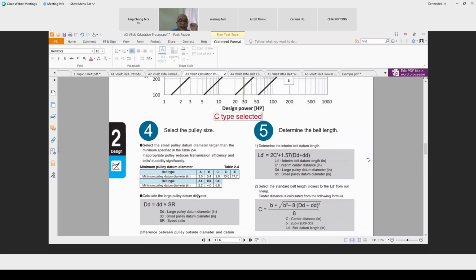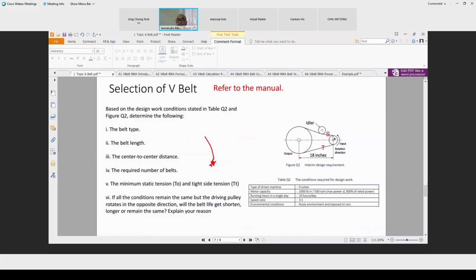All right. Right now, what you should do is just follow the steps here. Select the small pulley. In this case, in the question we give you, we don't have any small pulley diameter. We're going to assume that the small pulley is the minimum small pulley based on the belt type.